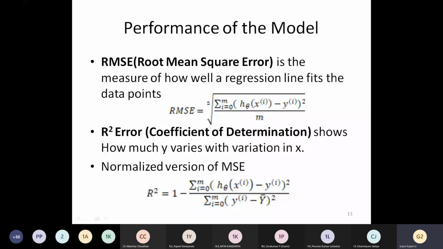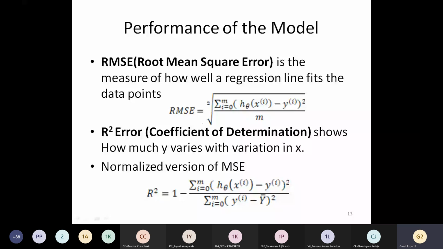And root mean square error means if we find the square root of that, that is the RMSE. So root mean square error is used to measure the performance of your model, and the value of this metric should always be less. If RMSE is less, your model is better.